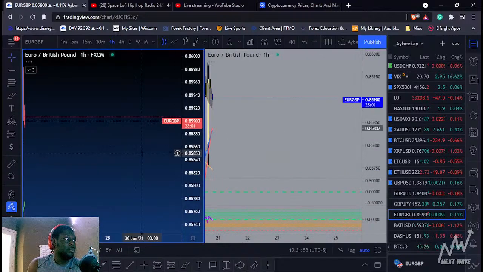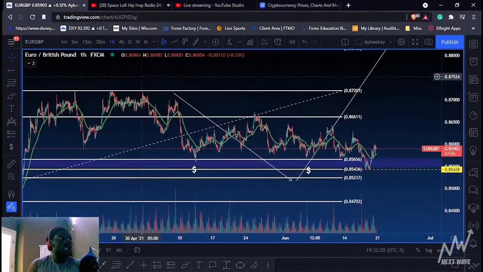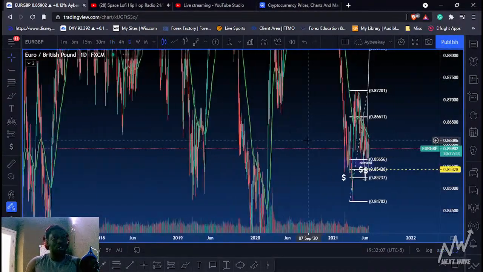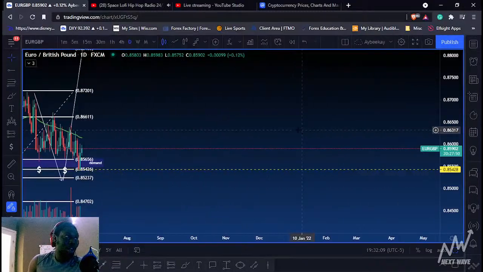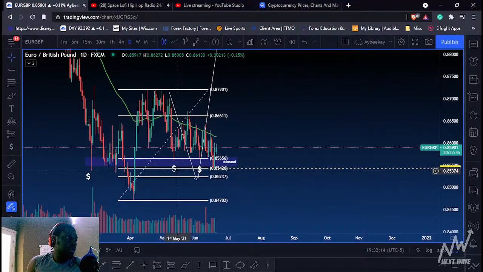Euro GBP. All right. Euro GBP. I've been waiting to do this analysis. So I had mentioned with Euro GBP that what I wanted to see was for price to break through these lows. I don't know why I put one over here, but okay.